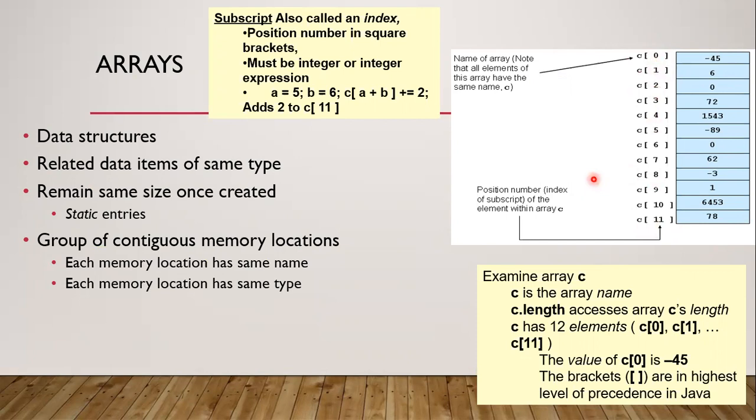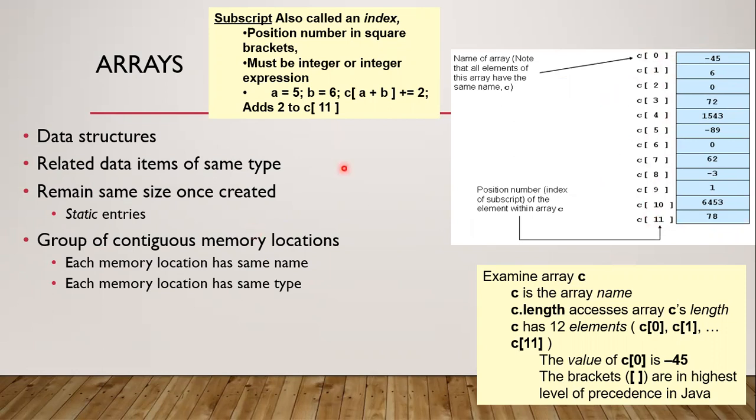Java is a language where, when you create an array, the first element is at index 0, and the last element is at index length minus 1. So index 0 up to index 11, since the length of the array is 12.